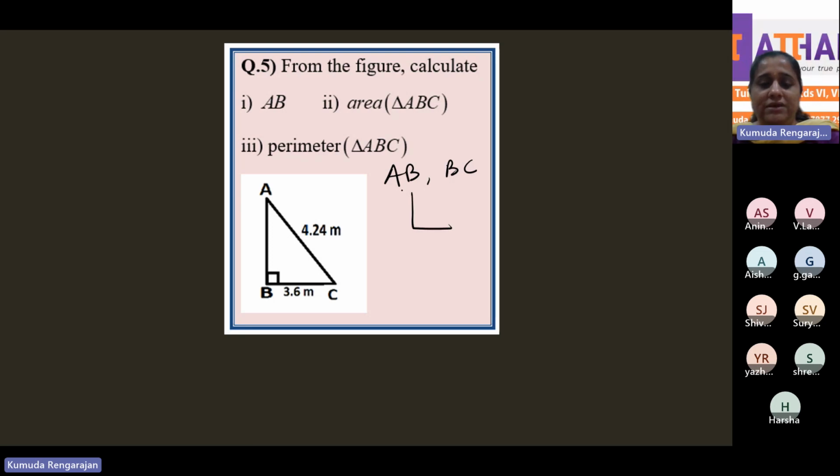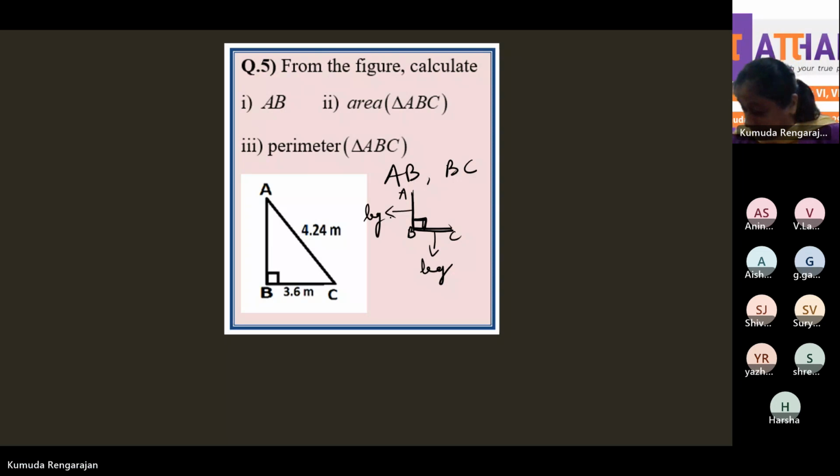See here, this is AB, BC. These two sides contain the right angle. The two sides AB and BC contain the right angle, and these two sides are called the legs of a right triangle. Have I mentioned this? Yes, ma'am.